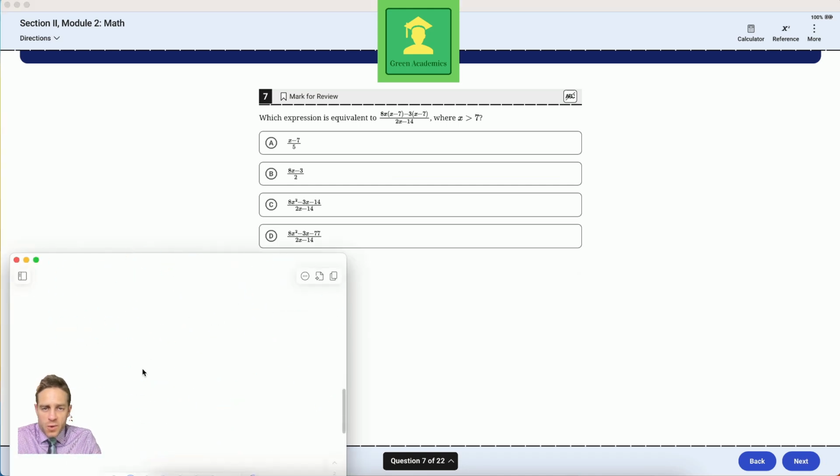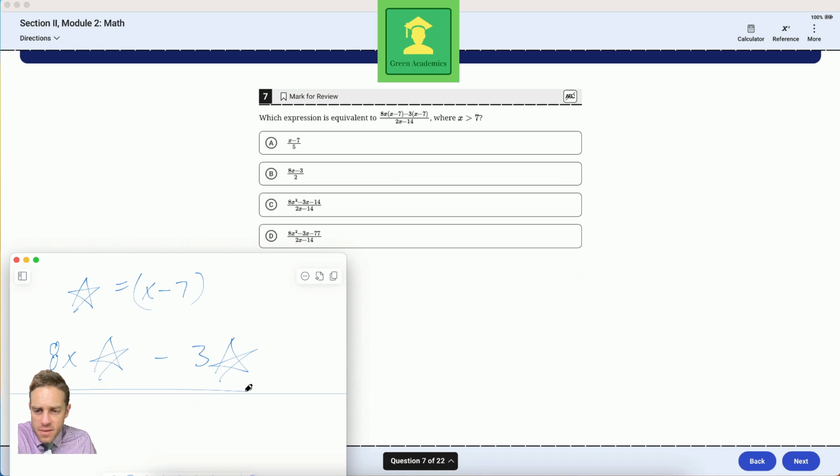Which expression is equivalent to that? It looks like this is a substitution question effectively. So if I think of star as the unit x minus 7, then the numerator can be written as 8x star minus 3 star.